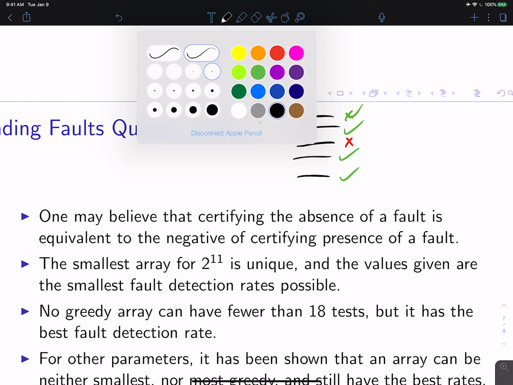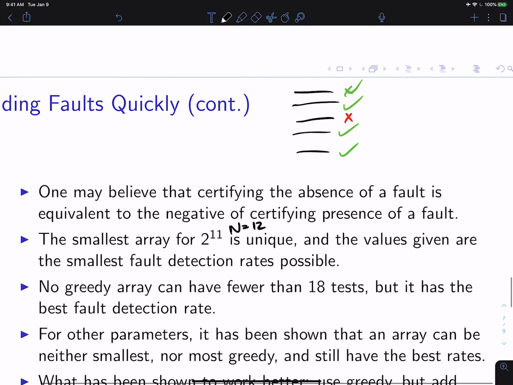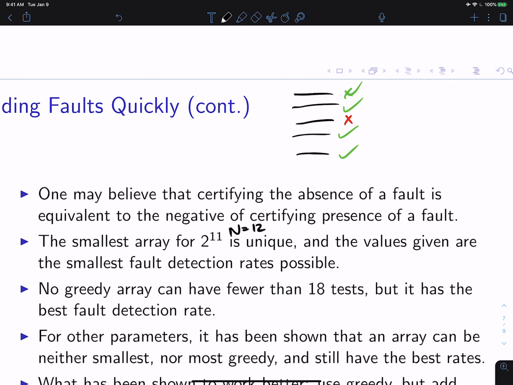So the smallest array, the one with 12 rows, so the n equals 12 one, is unique. That was done through exhaustive computation, not by me, but by other researchers. So it's unique, and the values given are the smallest fault detection rates possible because the array is unique. So for 12 rows, since the array is unique, you're not going to get any different detection rates, because it's always an average.